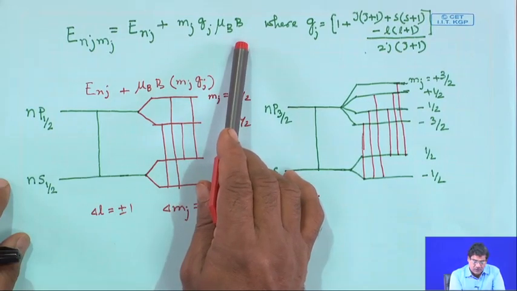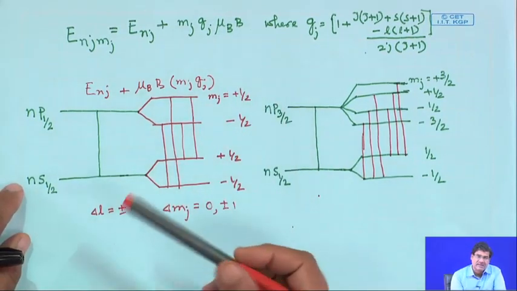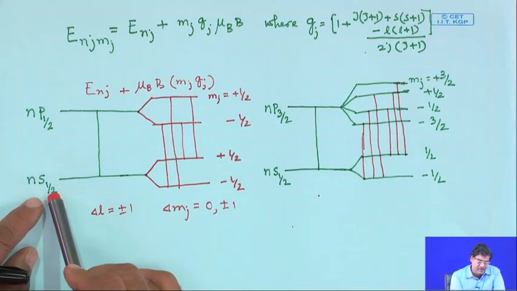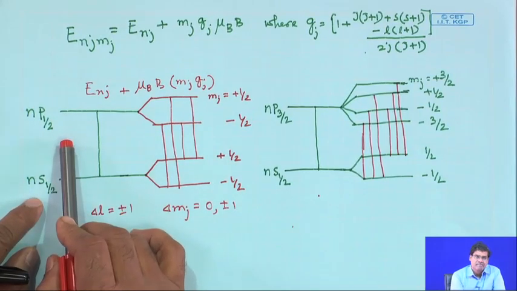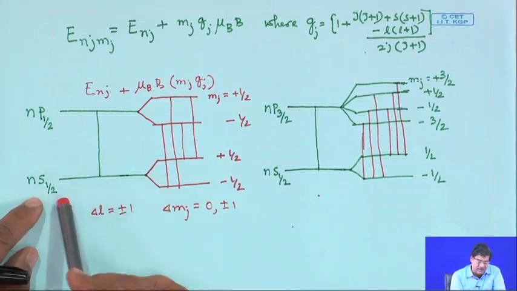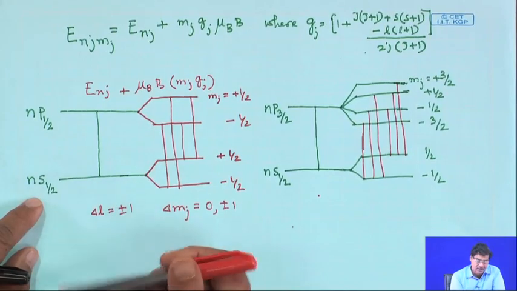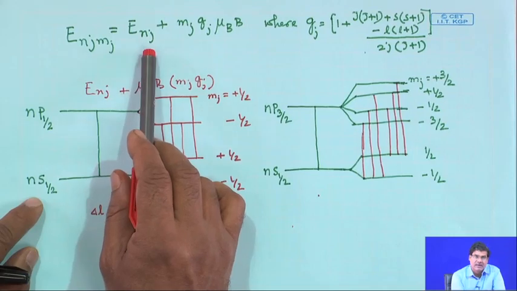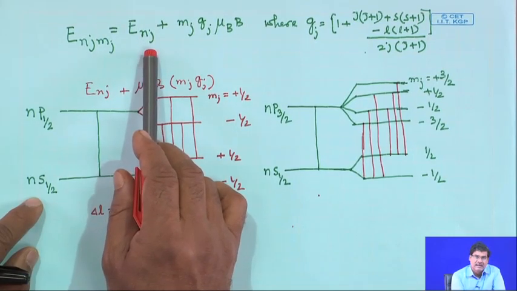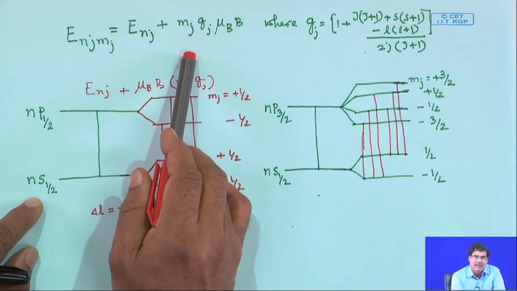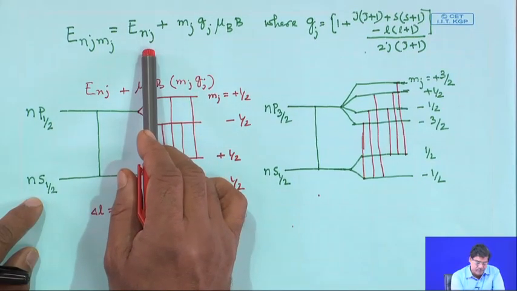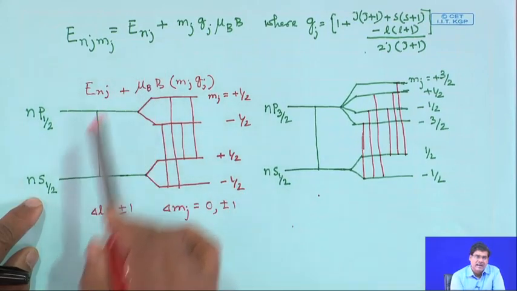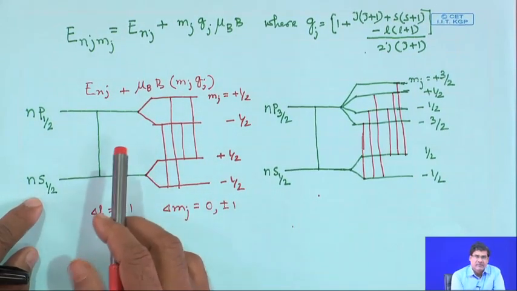Now consider these two energy levels, say S half and P half, because the energy depends on J, not L. The energy expression does not depend on L, it depends on J and n. So we have to use the spectroscopic term or energy level for the J value.